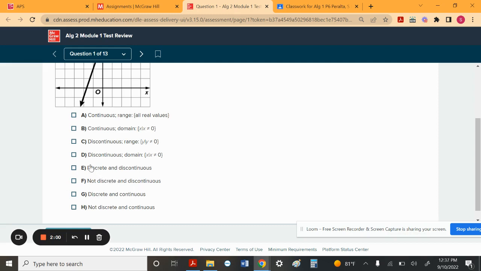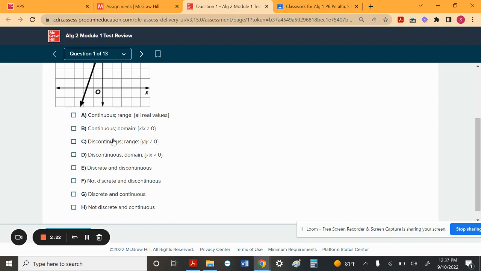I guess I have to think about that a little bit. But we'll come back and see which one it is. So definitely not continuous, definitely not discrete. So it's not discrete and continuous. I'm not exactly sure what they're saying there, but my guess is that's probably not true, because they're saying not discrete and not continuous would mean that that would be true.